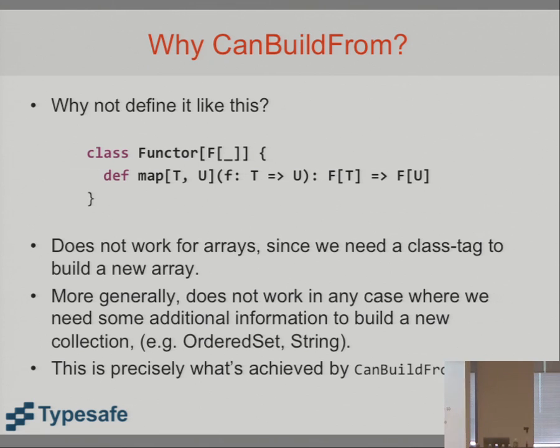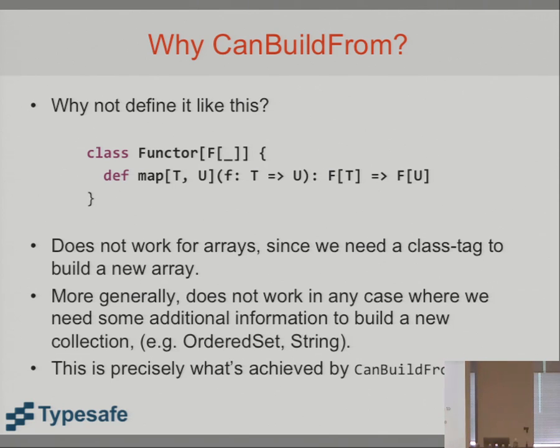But the arrays are actually not that unique. That is the case in any case where we need some additional information. For instance, if you want to have a map function from ordered sets to ordered sets, then you need an ordering to be able to build that. Or if you would be strict with your equality to even do a simple set, you'd need an equality function because sets don't have duplicates.